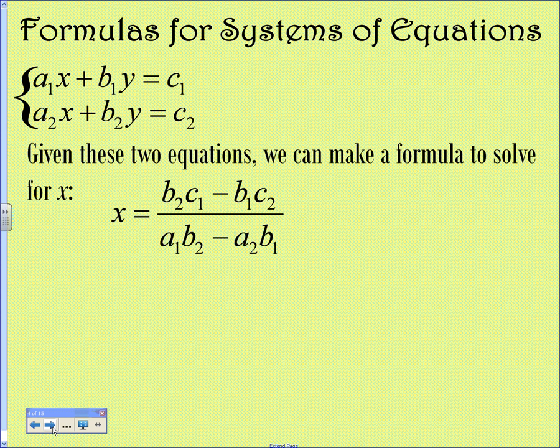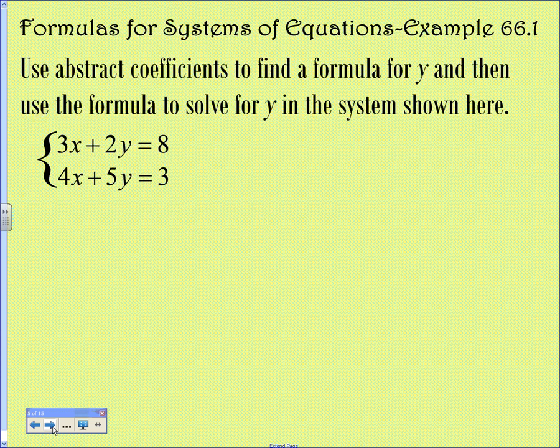But do y'all remember that step? So that's your formula to solve for x. Given that this is your A1, your B1, your C1, A2, B2, and C2. So we're going to do an example to find the formula for our y. So we want to use abstract coefficients to find the formula for y. And then we're going to use that formula to solve for y in this system that they give us.